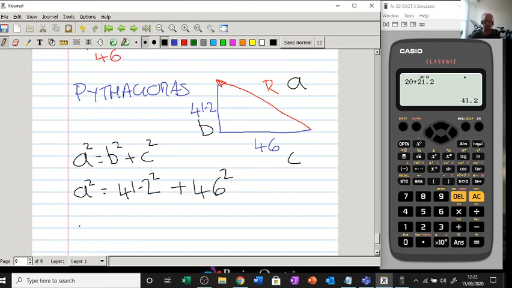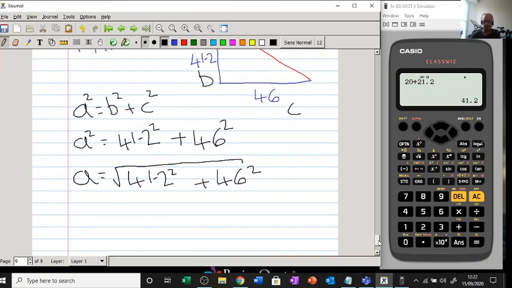The opposite of a square is a square root, so I can do this: the square root of 41.2 squared plus 46 squared.